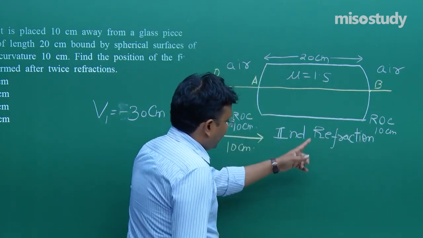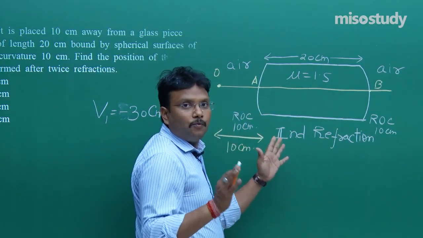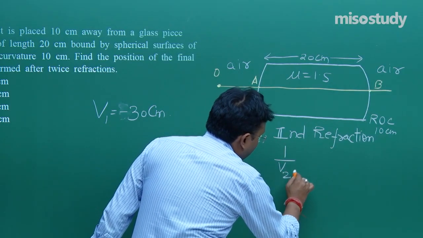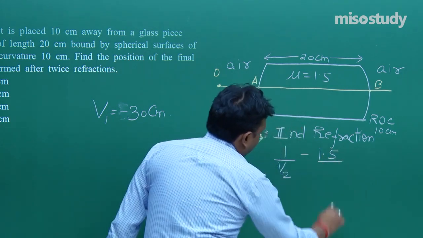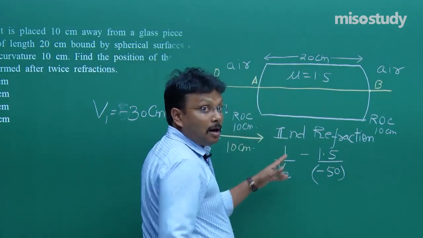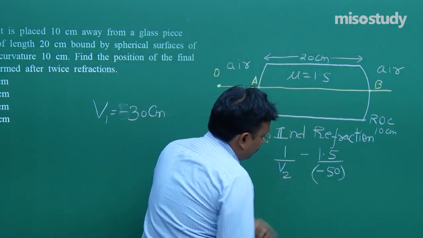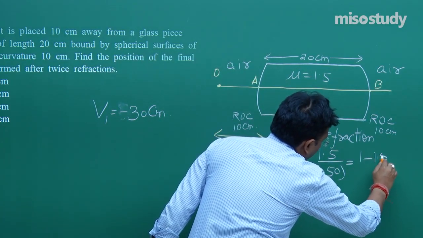Okay. Second refraction means once again we apply the same formula which we just applied, that is 1 upon V2 minus 1.5 upon minus 50. I hope the terms are clear. Minus 30 and then this distance, so minus 50 is equal to 1 minus 1.5.